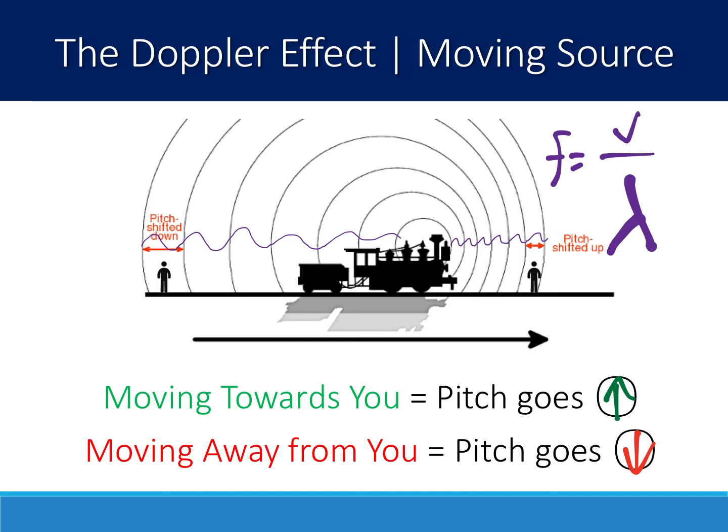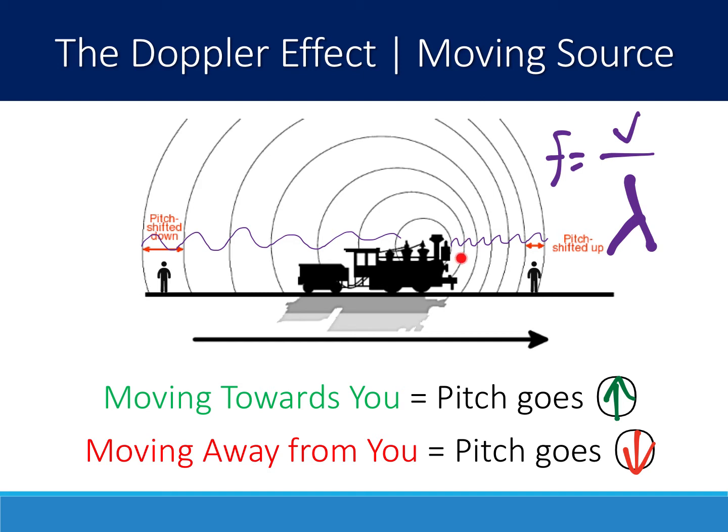And so you can see here in this diagram that there's a train emitting a sound, and it's also moving at the same time. Every time the train is emitting a sound wave, it's spreading out in all directions, but the train is also advancing on the next wave that it's emitting. Therefore, the frequency will be higher on the front side of the train for an observer standing to the right.